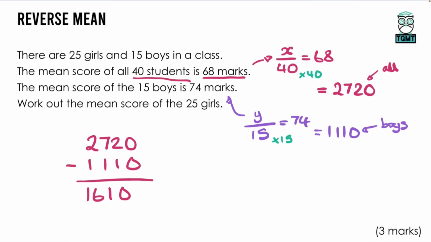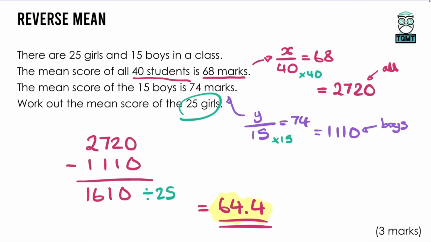So the total score for the girls is 1,610. And it even tells us in the last line here, there are 25 girls. So I want to divide that by 25. I'm going to do that on the calculator, and it will give me their mean, which does come out as a decimal, which is 64.4, and that is the mean score for the girls.